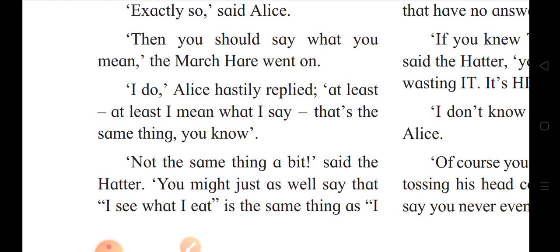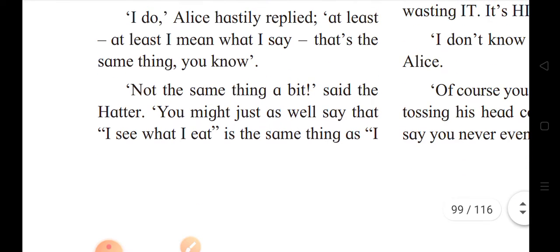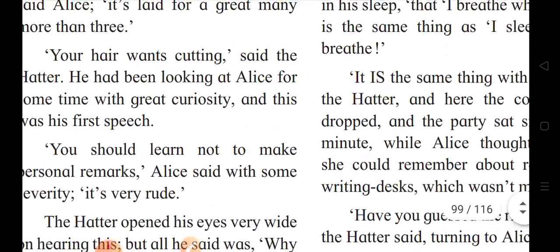"Not the same thing a bit," said the Hatter. So he's saying that it is not the same thing. You might just as well say that "I see what I eat" is the same thing as "I eat what I see."